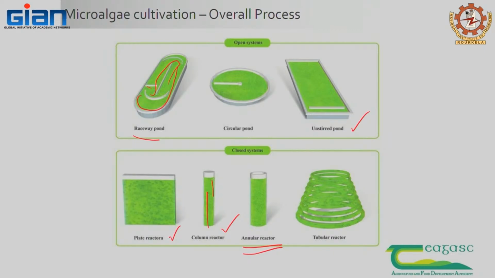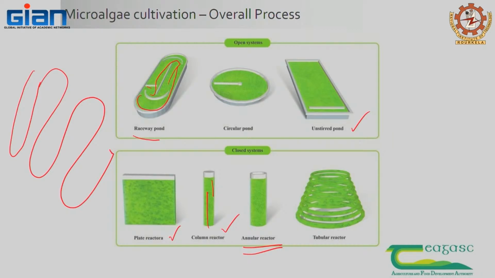If you browse through microalgae cultivation systems, you can see hundreds of companies, hundreds of reactors. Technically, the majority of them are just configurations of different tubing systems. Even the tubular reactor, what I have sometimes seen is like a heat exchanger.